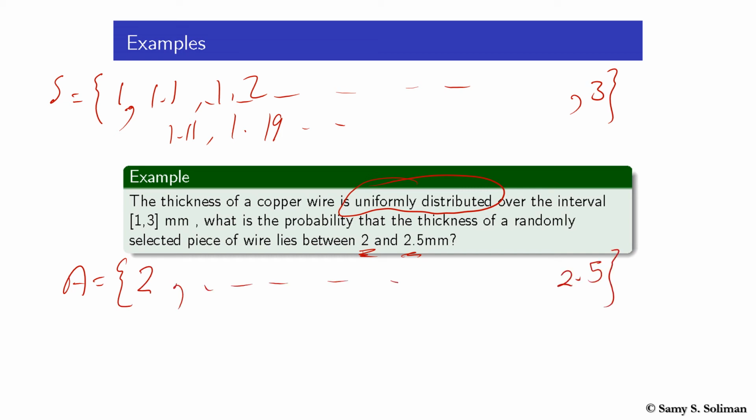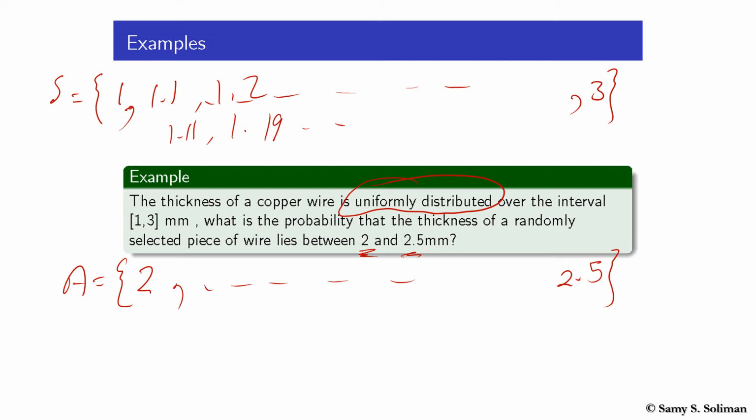However, in between we have an infinite number of elements, so we cannot simply calculate the probability of event A as the number of elements in event A divided by the number of elements in the sample space. Instead, we can divide the range of event A by the range of the sample space.